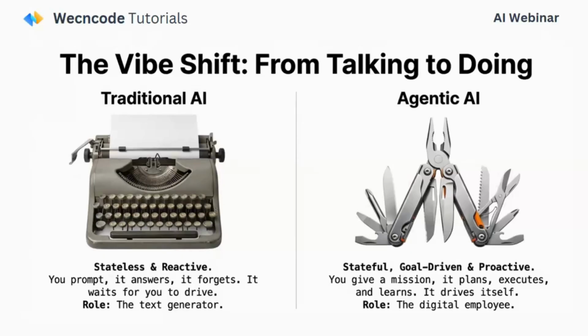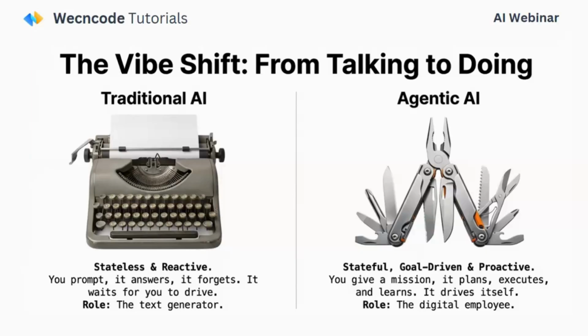You give it a prompt, and it will give you a response based on your prompt. So they don't store anything. Well, the memory is a little bit there that can track your conversation, especially if you are using a page, but it's stateless and reactive. You prompt it, it answers, it forgets, it waits for you to drive. So that's just about the LLM, especially like ChatGPT and Gemini.